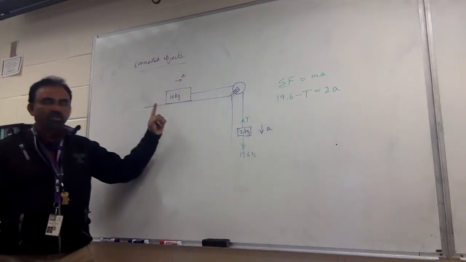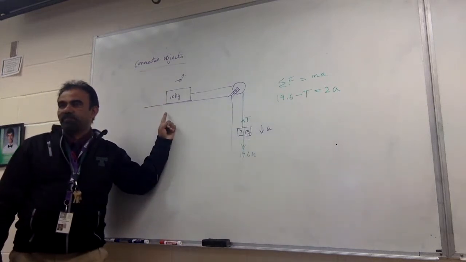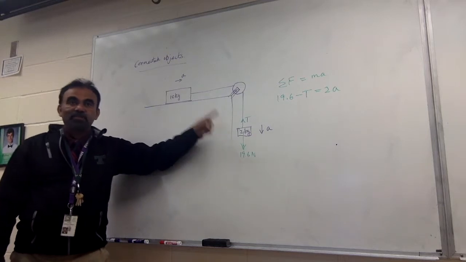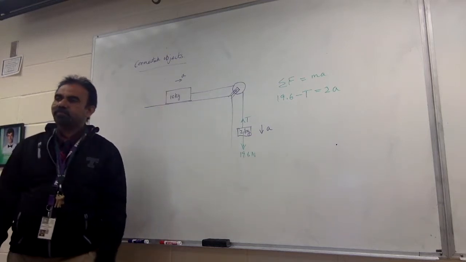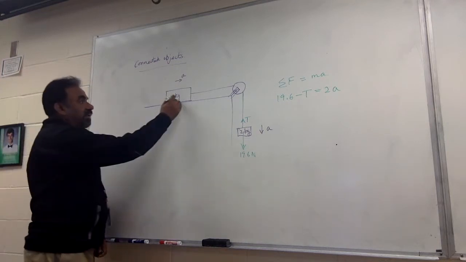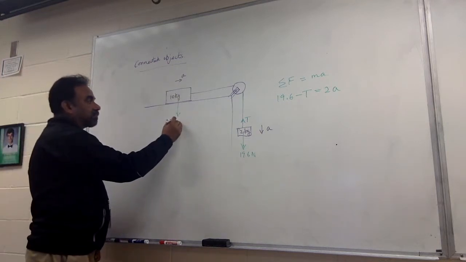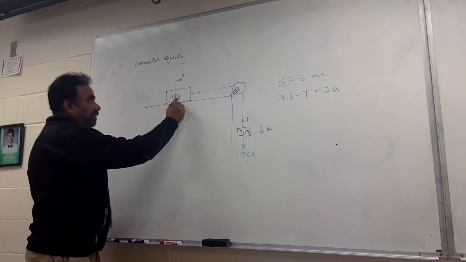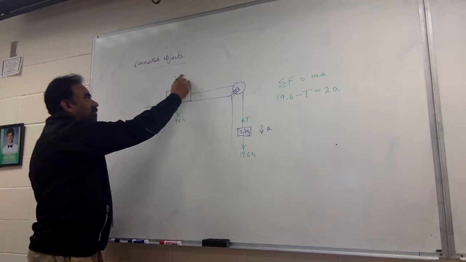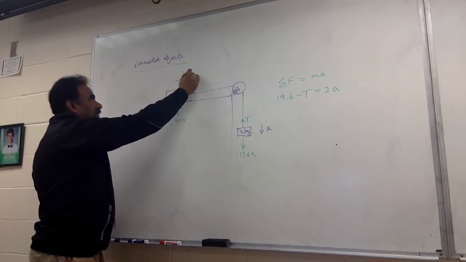So leave it there. So we have one equation. Now go to this object. Forget about that completely. Go to this object and discuss all the forces acting. What are the forces acting on this object? Gravity acting down. How much? 98 newtons. And what else is acting on it? The normal force. How much is the normal force? 98.